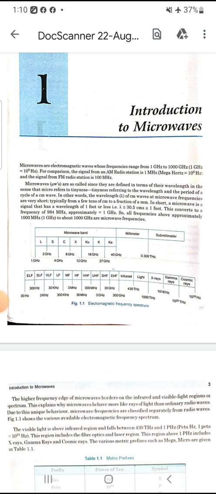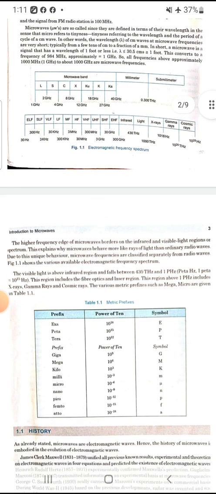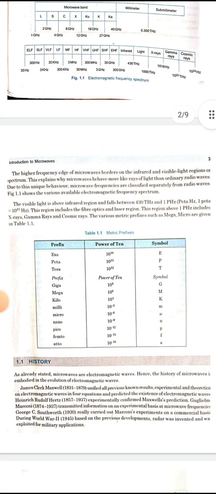And then there is a band of millimeter and sub-millimeter waves. Now in this diagram you are observing the metric prefixes table. We use many prefixes in our day-to-day engineering life, such as kilo, mega, and so on.